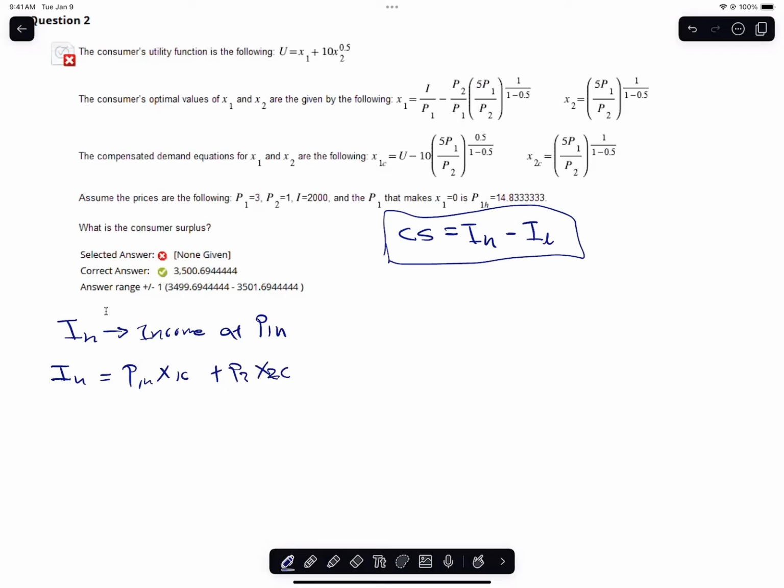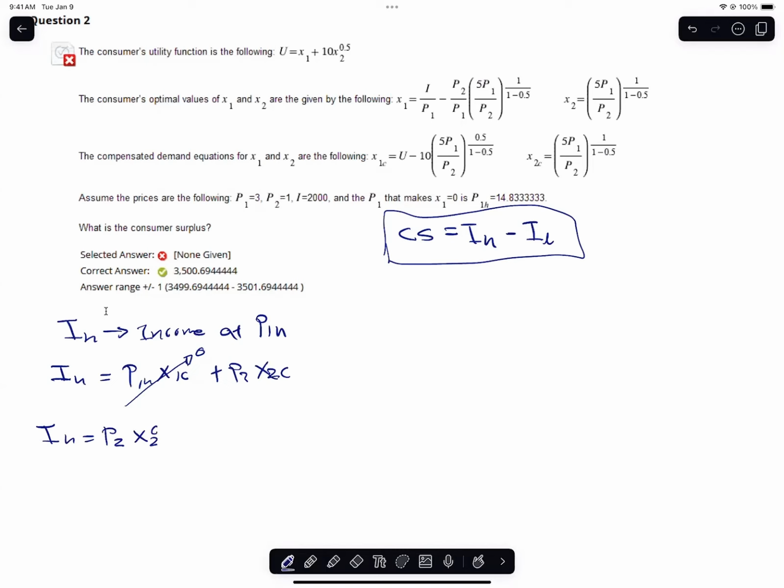All right. So I know again that this thing is going to be 0 because X1C is 0 at the price P1H. So that's out. So really, what I'm going to have is P2 X2C.